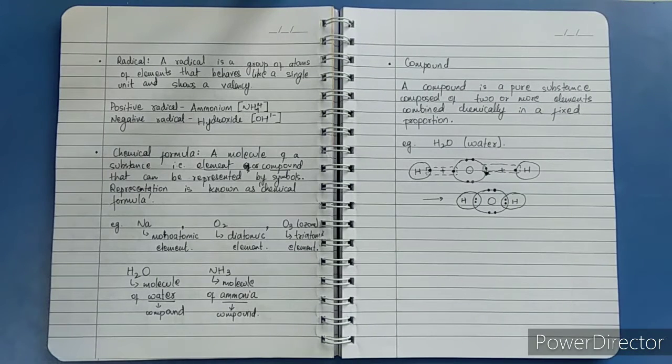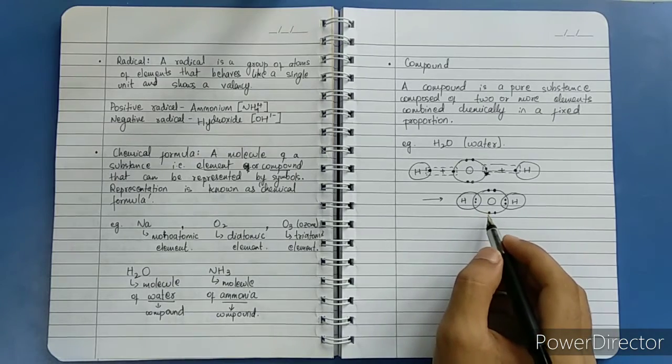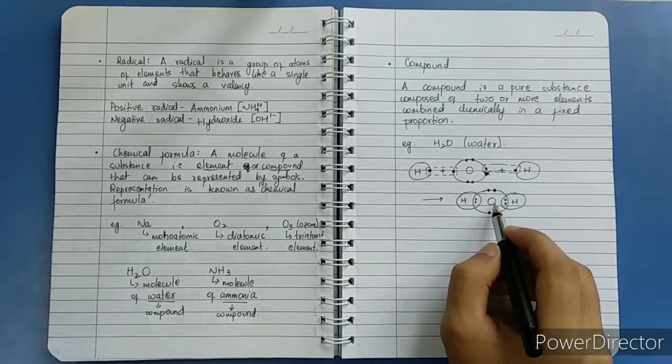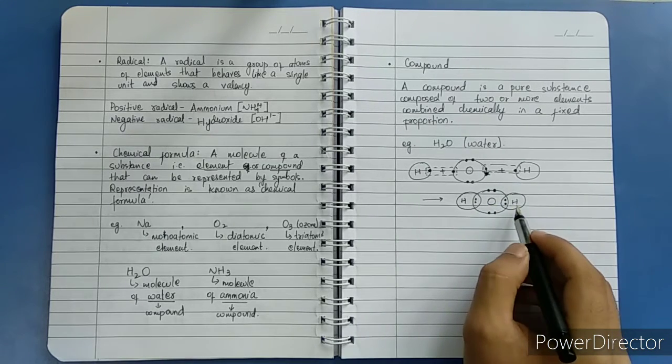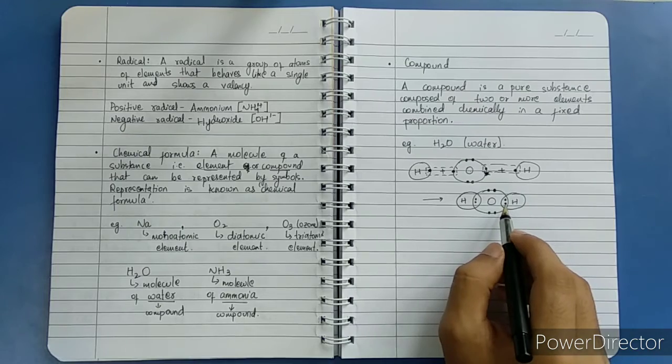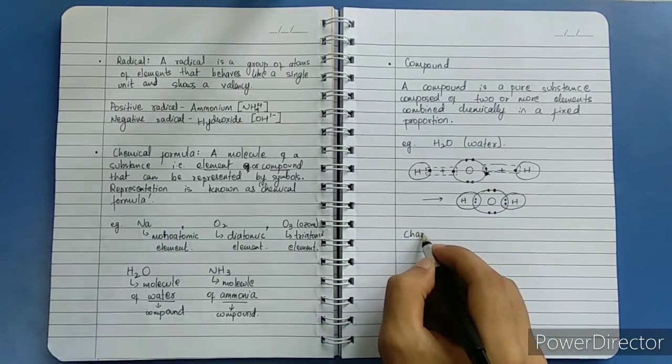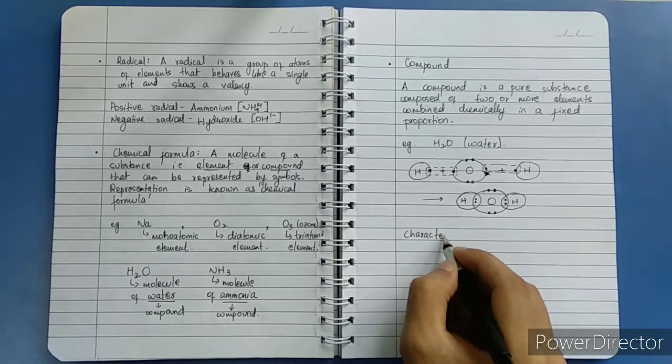So this is how the reaction takes place, and this is a fixed composition. Wherever you go, whenever you take water, there will be one atom of oxygen and 2 atoms of hydrogen. This composition remains fixed. So let's see some characteristics of a compound.